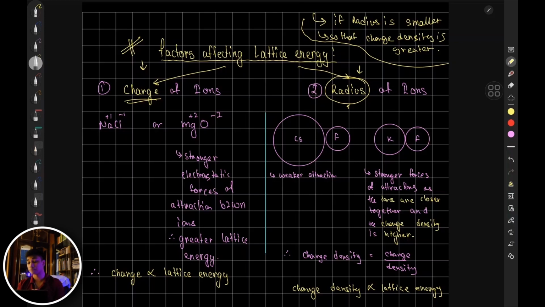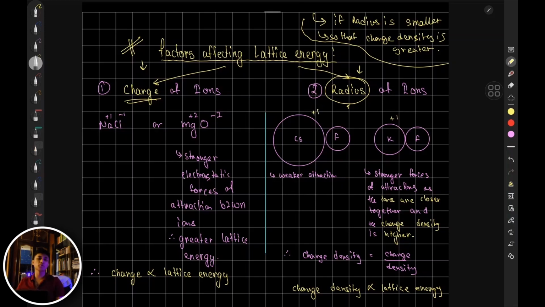For potassium fluoride, you can see that the radius of potassium is much smaller compared to cesium. What will that result in? Potassium fluoride, for that reason, will have greater charge density, because both cesium and potassium have a +1 charge.